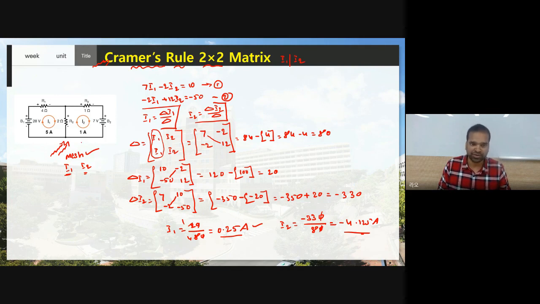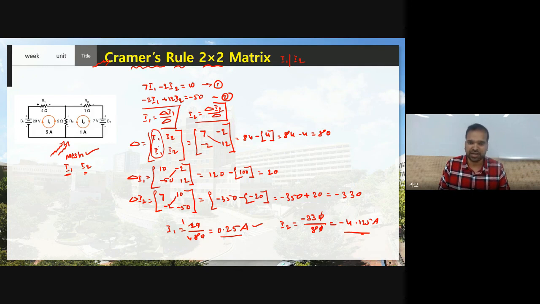I hope you understood Cramer's rule for a 2 by 2 matrix. This is the calculation I am going to use in our coming classes to find unknown parameters like I1, I2 or I3 sometimes, or V1, V2, V3 in nodal analysis and so on.